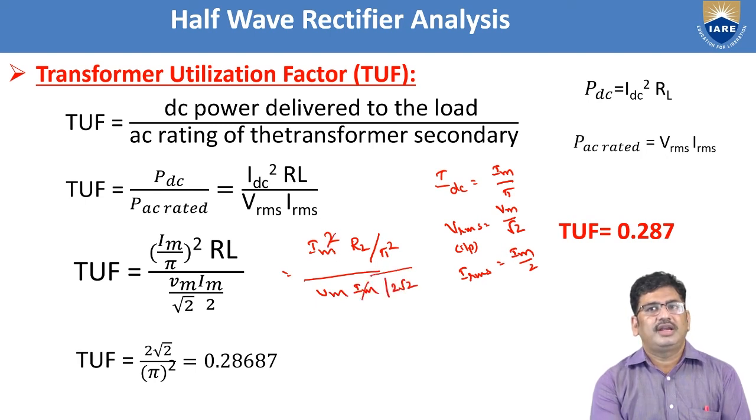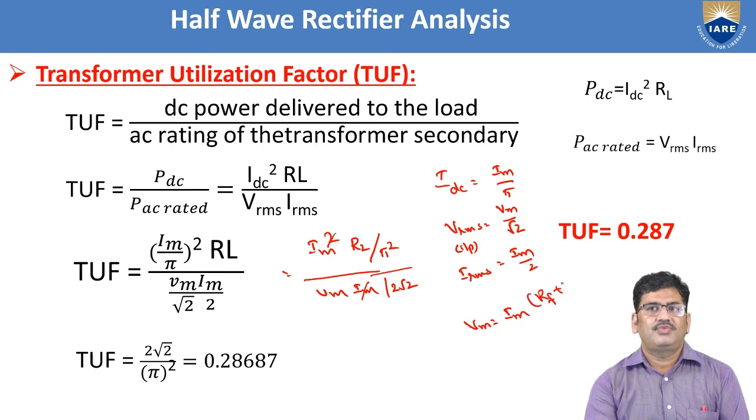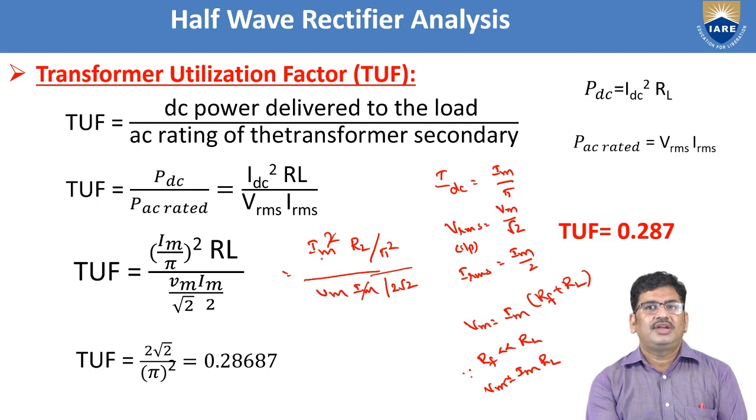Here Im gets cancelled. We know that Vm is equivalent to Im into Rf plus RL, but since Rf is much less than RL, we can write Vm is equivalent to Im into RL. So in the numerator we have the component Im into RL, in the denominator we have Vm. So Vm, Im, RL get cancelled. So what is left is TUF, which is given as 2 root 2 divided by pi square.